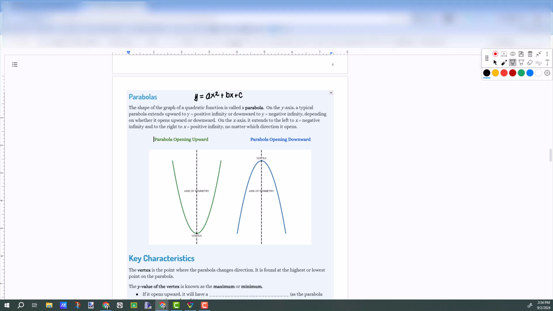And parabolas can open one of two ways. It could be opening upwards, just like this one where the ends are going off to infinity. Or it can be opening downwards, like the blue graph, where the two ends are going off to negative infinity.